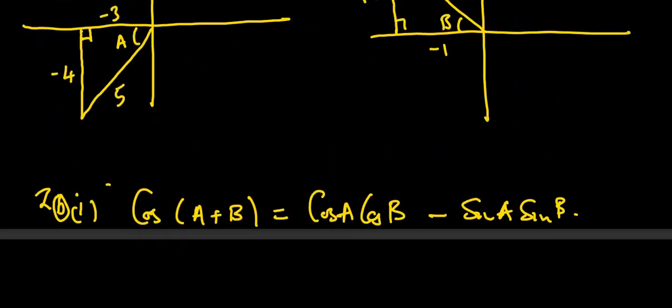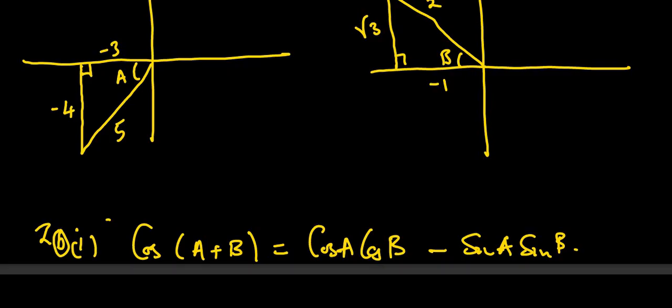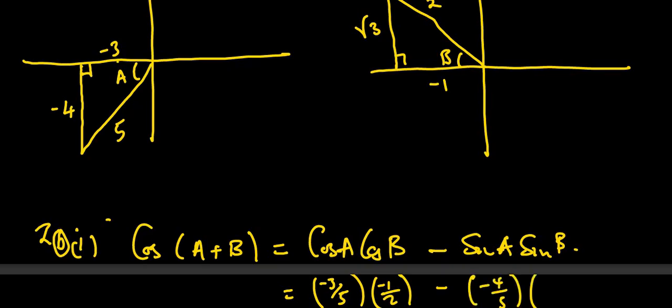So we just go back to our triangles now. We get what we are given here. So cos A is equal to what? Adjacent over hypotenuse, right? Negative 3 over 5. Cos B is what? Adjacent, which is negative 3 over hypotenuse. So it's negative 1 over 2, minus sin A, which is negative 4 over 5, times sin B, which is simply root 3 over 2.